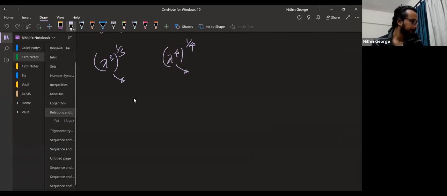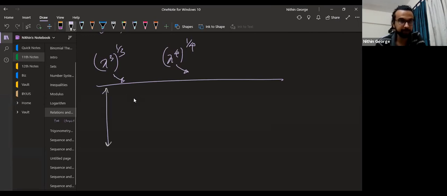Now, okay, I'll draw a graph. You'll have to draw the graph of the reciprocal. This is a quick topic called graph of reciprocals.